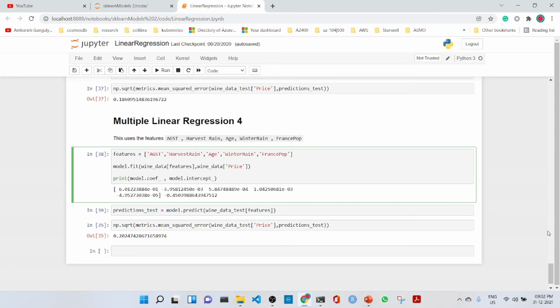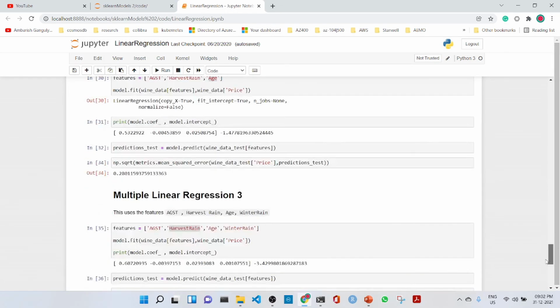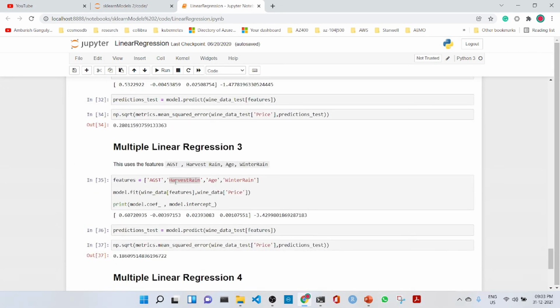We will use this model which uses AGST, harvest rain, age, and winter rain. Please note that this is not a foolproof method. We will discuss in further lectures concepts of cross validation, where we will prove that different sets of data will make more robust predictions with cross validation. But that is for a next lecture.